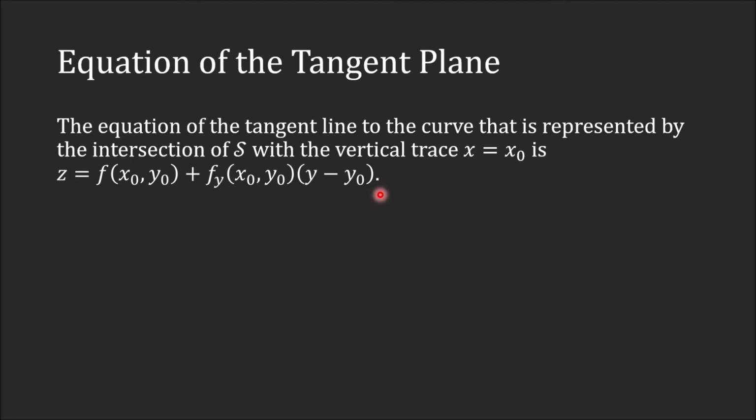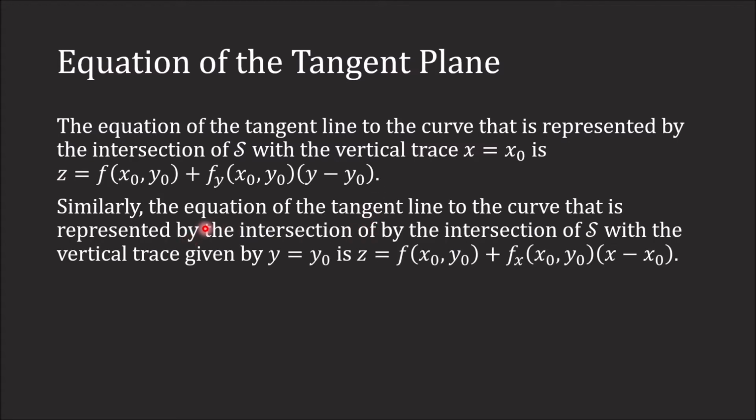Similarly, the equation of the tangent line to the curve that is represented by the intersection of S with the vertical trace given by y equals y naught is z equals f of x naught, y naught plus the partial of f with respect to x at x naught, y naught times x minus x naught.